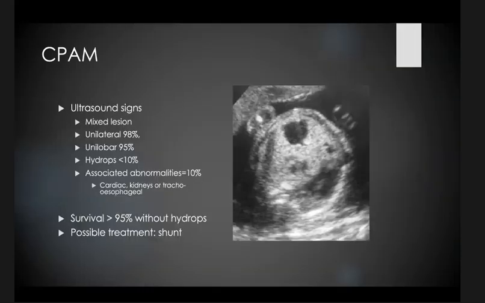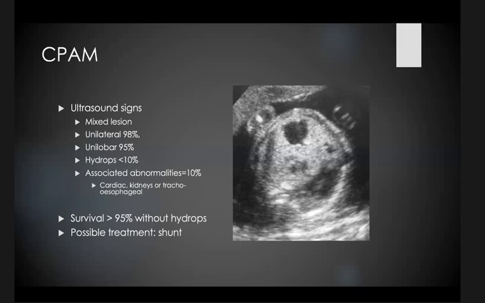So here you have an example of a big mass, which was mixed hyperechoic and hypoechoic, shifting the mediastinum to the contralateral side. It's usually unilateral and usually unilobar, and you can have hydrops.